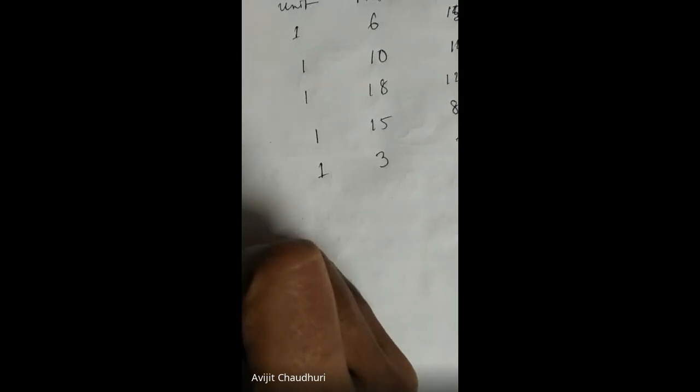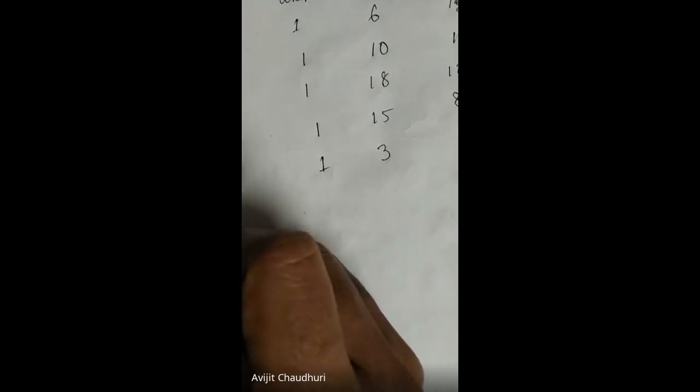Next is I3, then I7, 2 units. Next is I2.